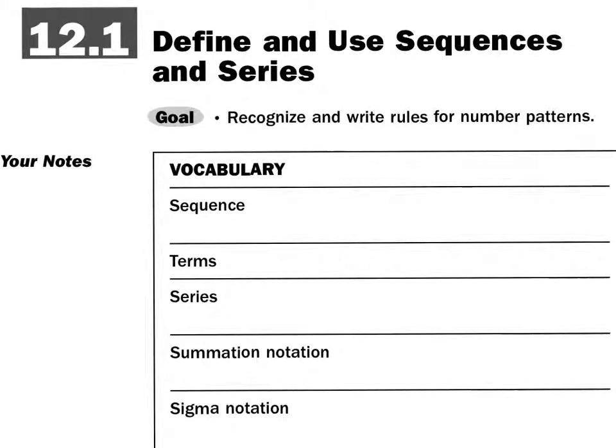12.1. Define and use sequences and series. Vocabulary. What's a sequence? A sequence is a function whose domain is a set of consecutive integers. It's a big fancy way to say that a group of numbers, a list, like 1, 3, 5, 7.